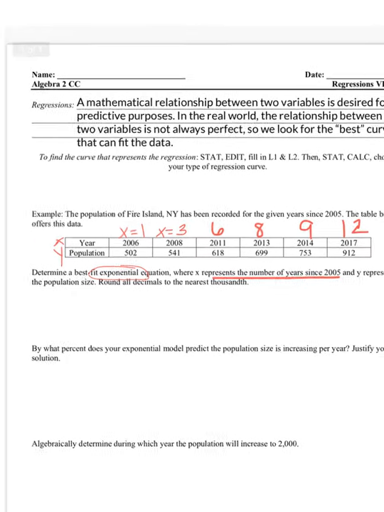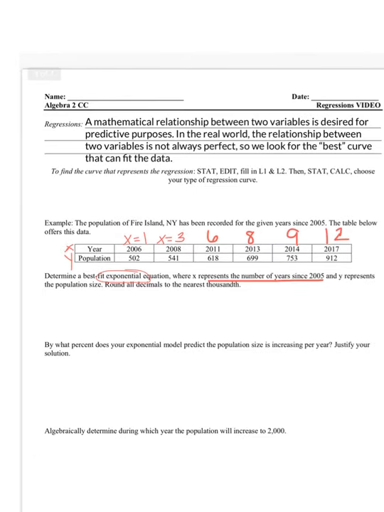So you type all this in: Stat, Edit, fill in List 1, the x's, and List 2, the y's, the population. Then you go to Stat, Calc, and you're going to choose exponential regression. I think it just says EXP if I remember correctly. So you're going to just scroll down until you see EXP regression. And then it's going to come up.